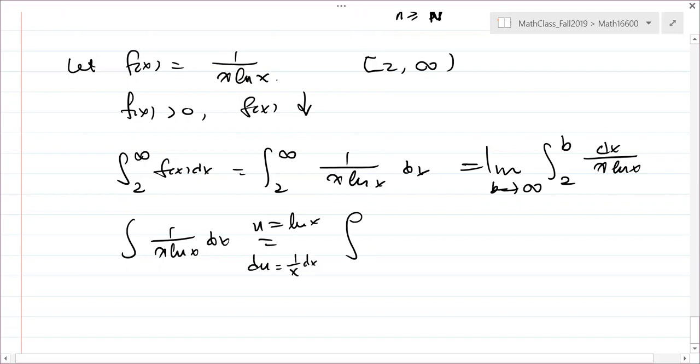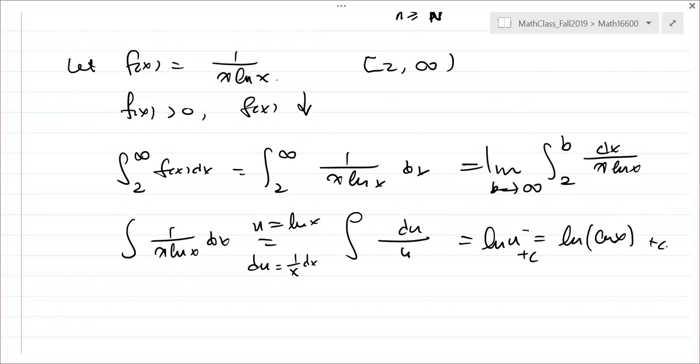So dx over x is going to be du, and the integral becomes the integral of 1 over u du. That's good, so we can evaluate the integral. It's going to be natural log of u, which is natural log of natural log of x. You can put the constant here. This is a general formula. You use that to evaluate the above integral from 2 to b.